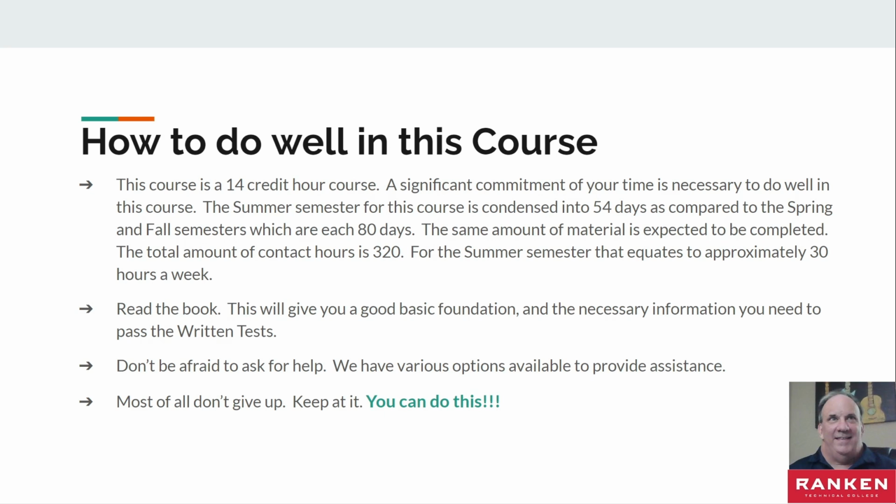So the total amount of contact hours is around 320 hours. So for an 11-week course, 320 contact hours equates to approximately 30 hours a week. So that's a significant amount of time that is needed.